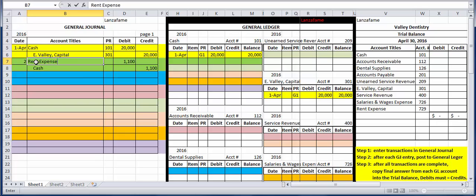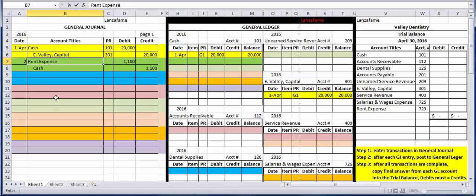Is it okay to debit an expense? Absolutely. Always debit expenses. Remember, they're one of our shopping cart accounts. Capital is an account that's a shopping cart account. Always credit capital. Rent expense, expenses are part of the shopping cart. Always debit expenses. So we have debited rent expense for $1,100, credited cash.